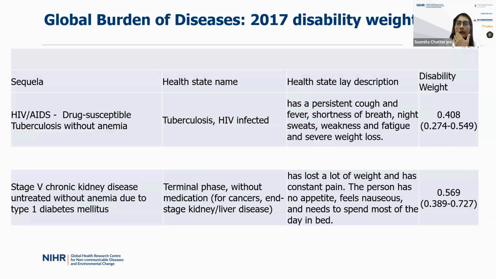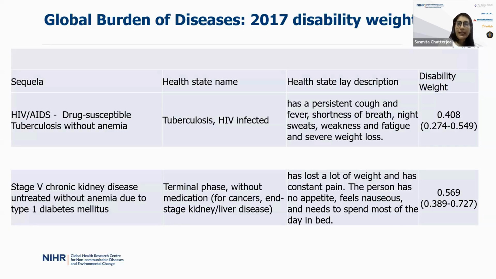One thing to note here is that the higher the disability weight, the closer it is to the worst state. If it is 0.999, it's almost like a death situation.